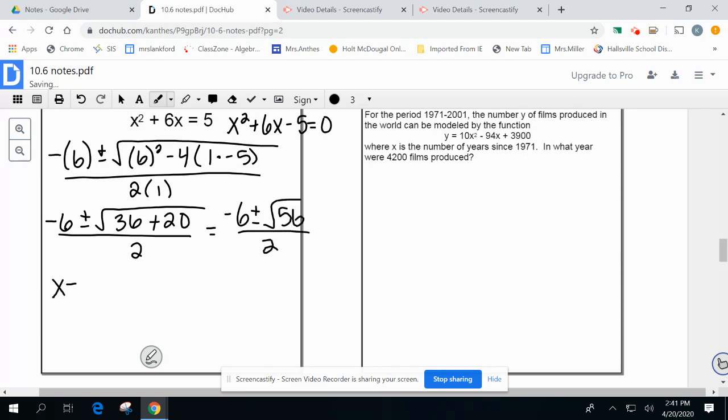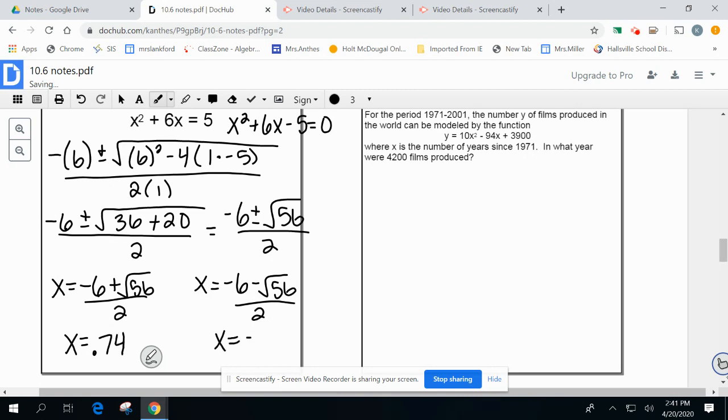So I have x equals negative 6 plus square root 56 over 2, and x equals negative 6 minus square root 56 over 2. So if I round this, I end up with 0.74 and negative 6.74.